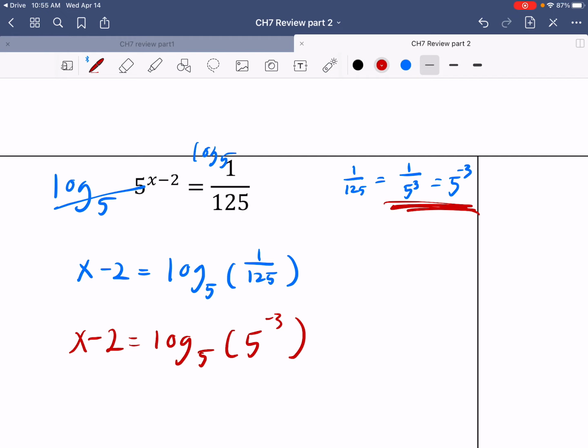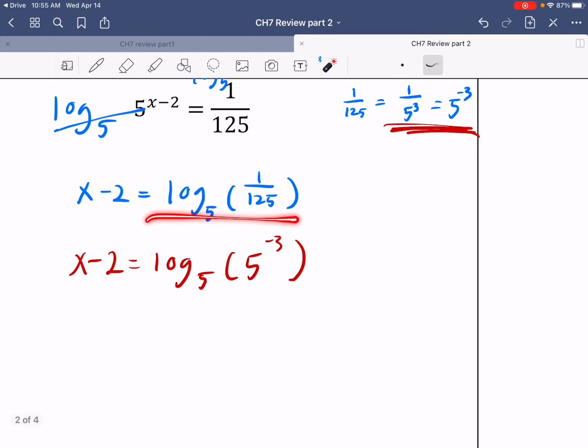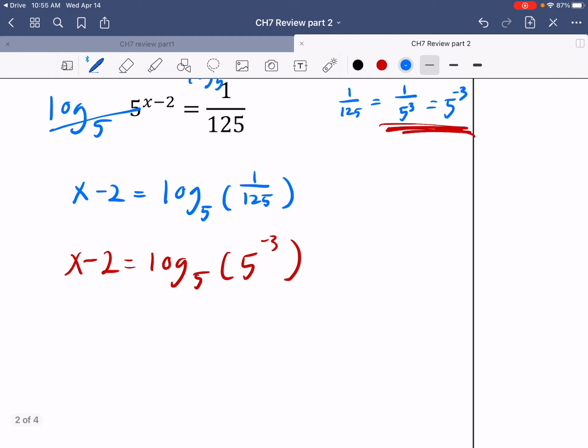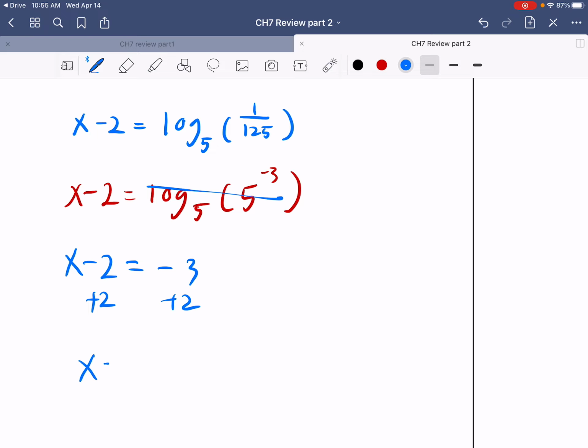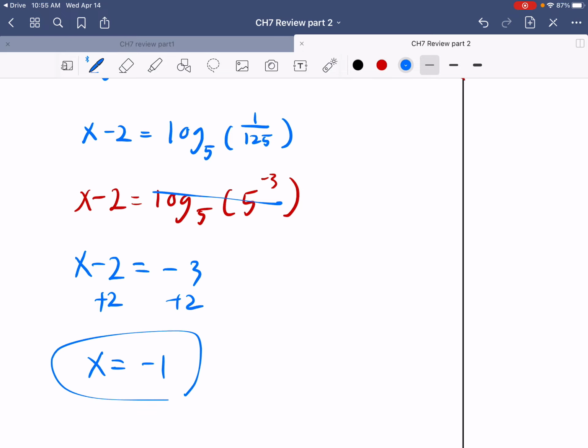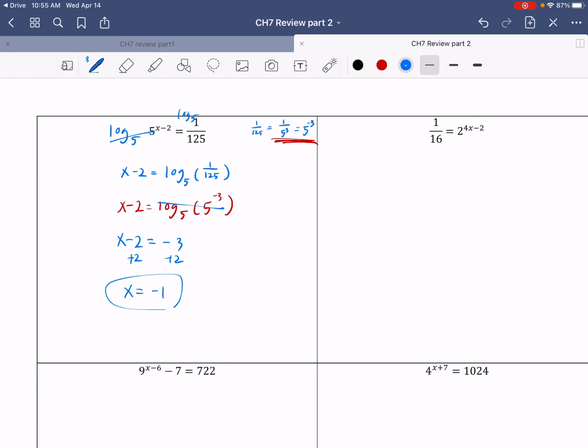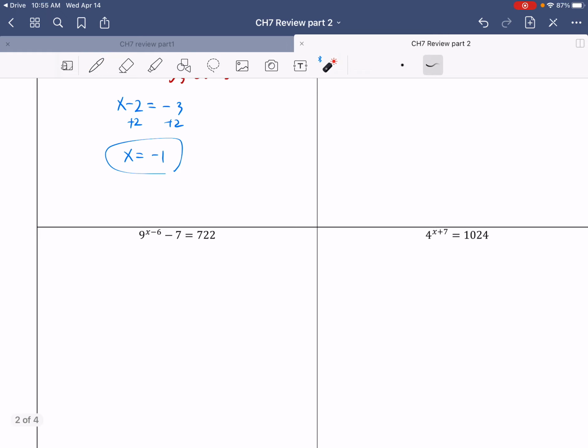I mean, if you just put this one into calculator, you'll get the same thing, which is negative 3. And if you just add 2 both sides, you will get x equals negative 1, and that's it. All right? So try the question on the right by yourself. It's the same thing.